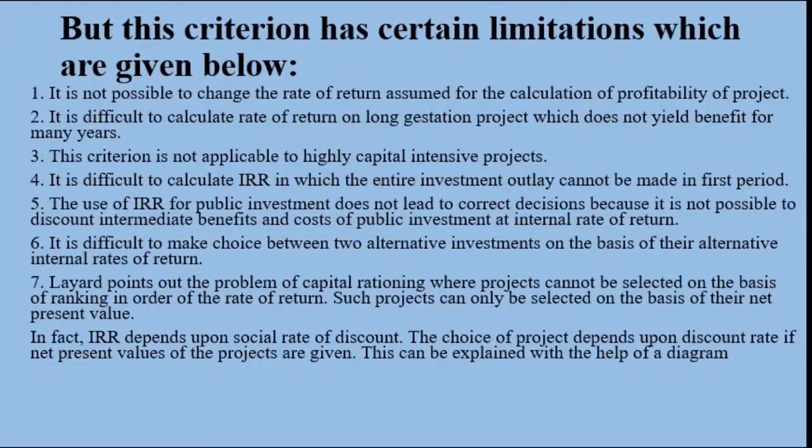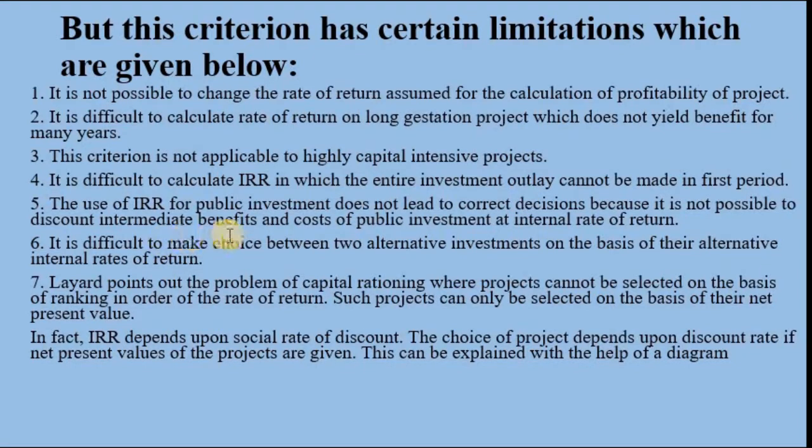It is not possible to change the rate of returns assumed for calculation of profitability of the project, and it's very difficult to calculate returns on a long gestation project. This criterion is not applicable to highly capital intensive projects, and it's very difficult to calculate the internal rate of returns with the entire investment outlay of a particular project in the first period.